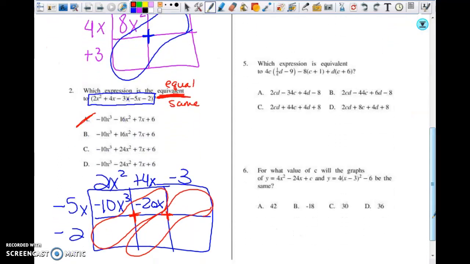Number 5 is also the same. You're looking for something that's equal, right? So again, the same. This is like the third problem. Again, for those doing it by hand, you would distribute, right? And then combine, okay? Same thing.